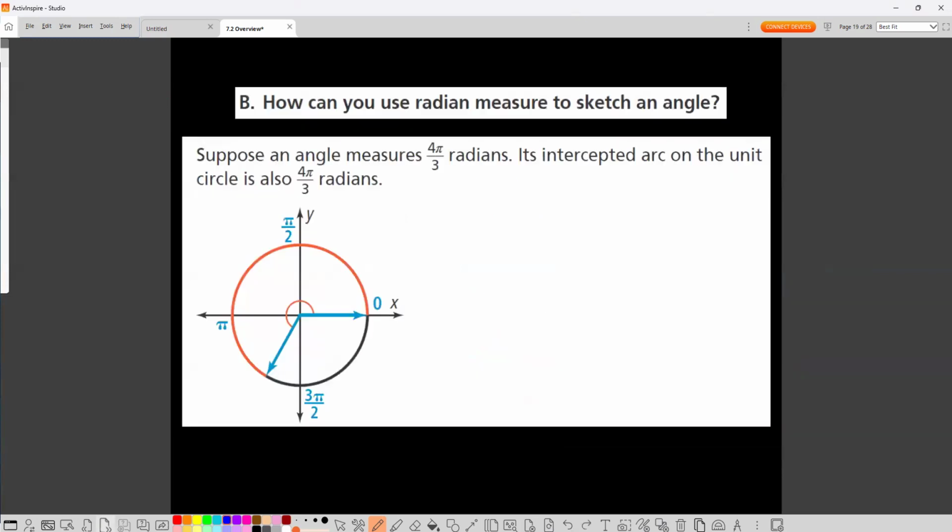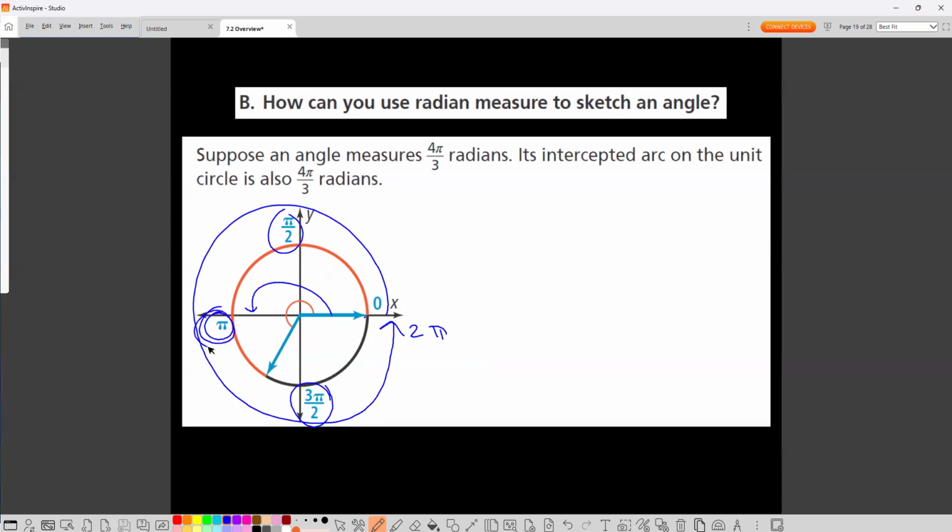So how can you use a radian measure to sketch an angle? Suppose we have 4 pi over 3. If it was 2 pi all the way around the circle, halfway around is going to be pi, and then if you split each of those in half, and now we've got 4 pi over 3, so we have to split things into thirds.